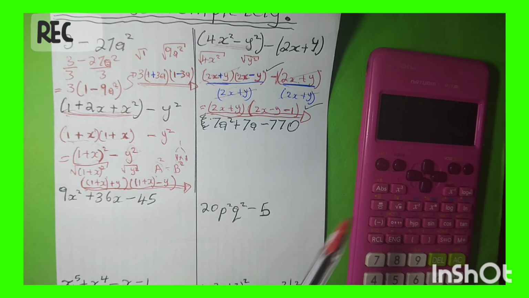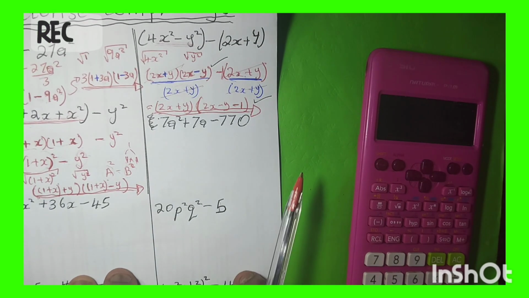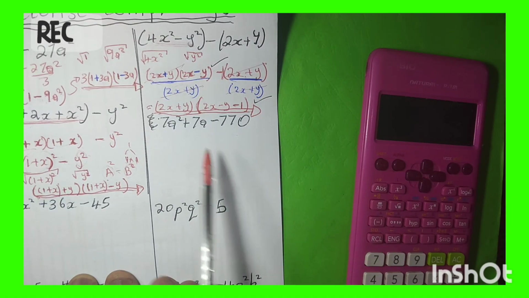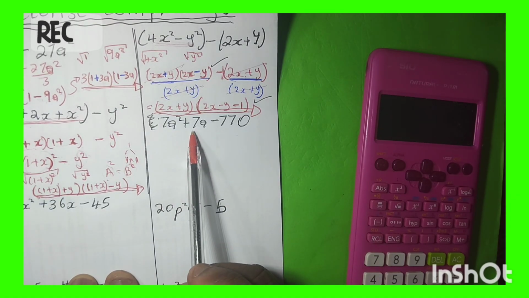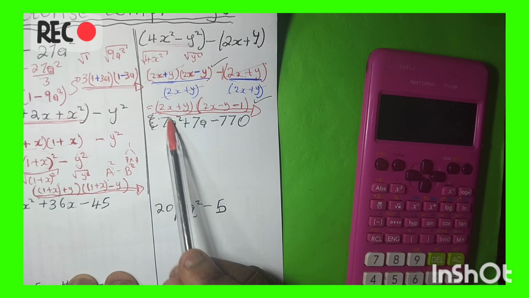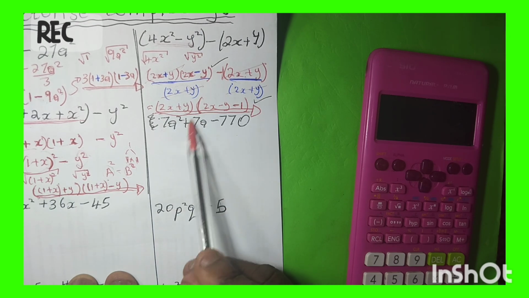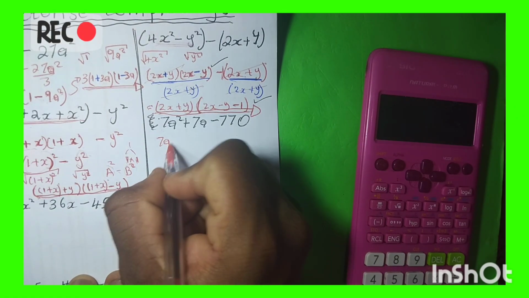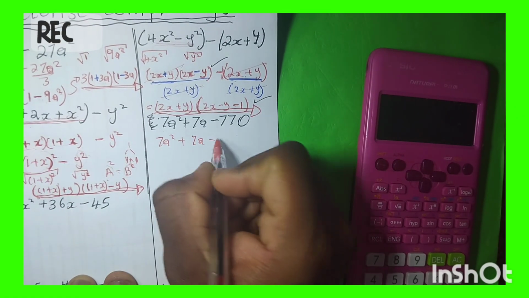So let me also show you this one. All the time, guys, when you factorize, you start by looking for a common factor. For this question, if you notice, a common factor is 7, because you are able to divide by 7 here, and even there. So I can take 7 as a common factor, like this.